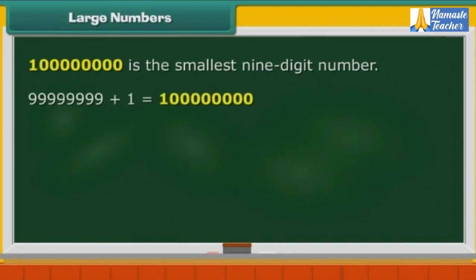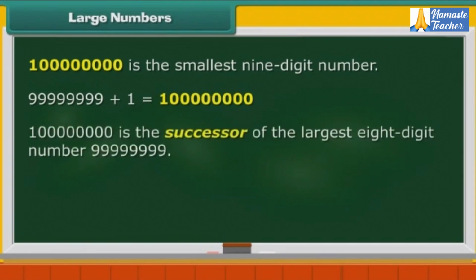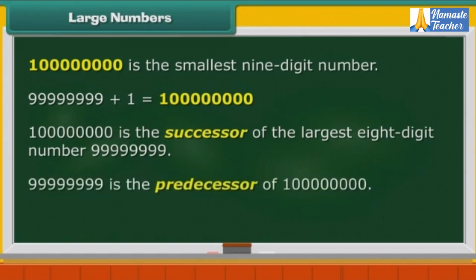It is 1 more than the largest 8-digit number. Therefore, 10 crores is the successor of the largest 8-digit number. In other words, the largest 8-digit number is the predecessor of the smallest 9-digit number.